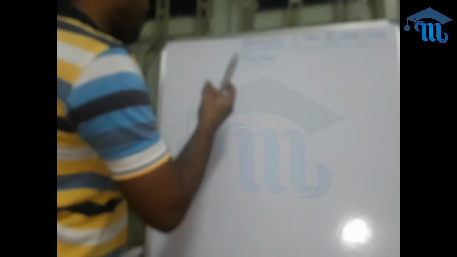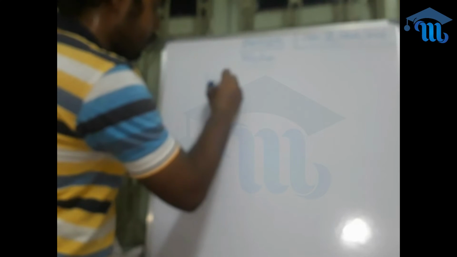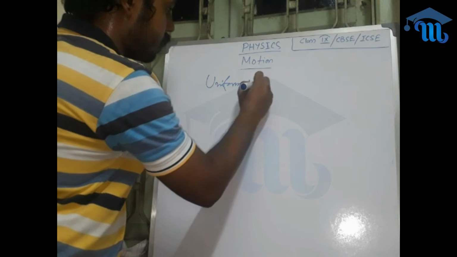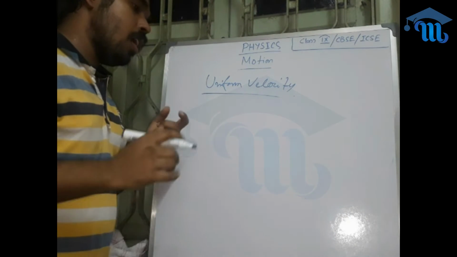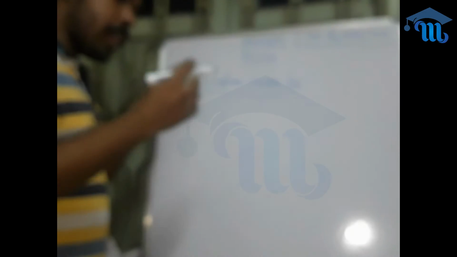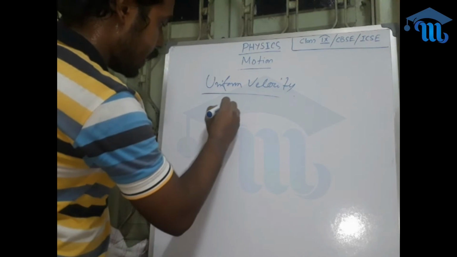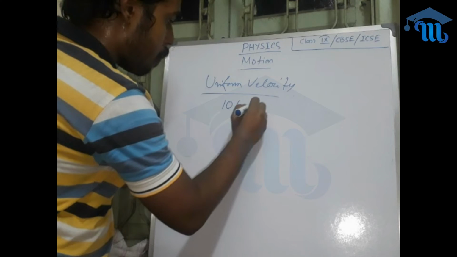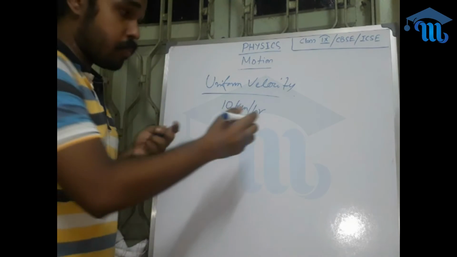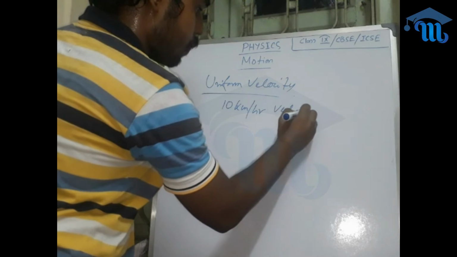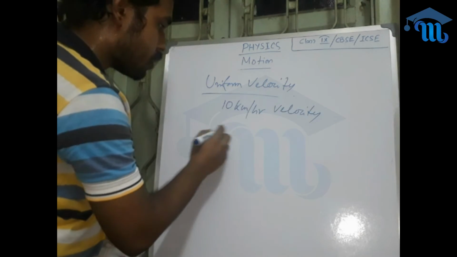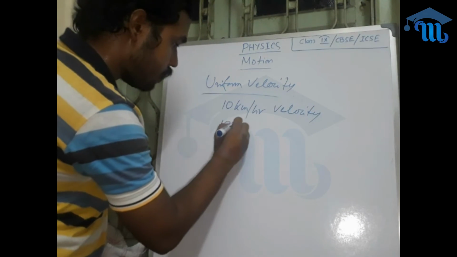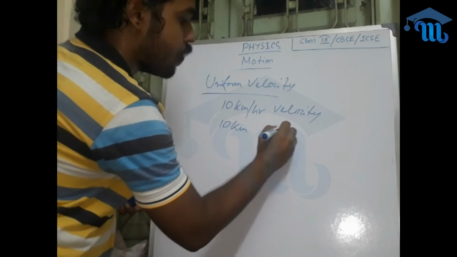That means when a particular body is traveling at 10 kilometers per hour speed, that's 10 kilometer per hour velocity. Now consider that this body travels 10 kilometers in the first hour.